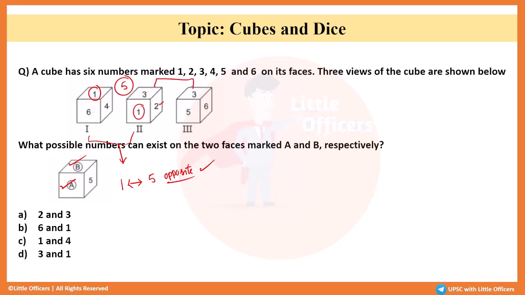Similarly, take the second dice and third dice and look at which one is the common, that is 3 here. Barring 3, what are the numbers that are available to us? 1, 2, 5, 6. That means 3 has the number 4 as its opposite, because that is the number which is missing here. This is another piece of information we can deduce from here.